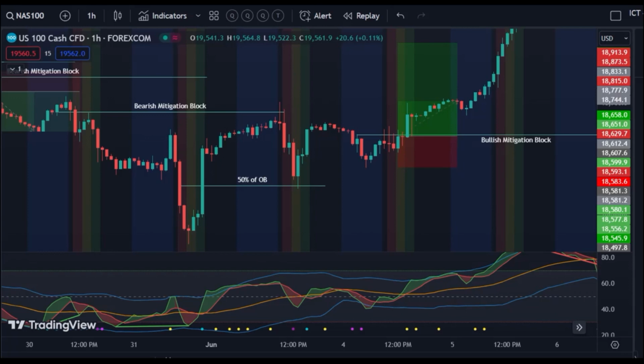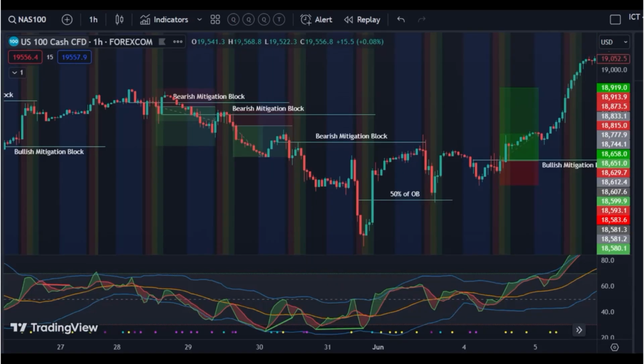Now, if you want to be strict in your rules and wait for the mitigation block to be touched, and then also the price line to cross the signal line, your entry would occur here. You have this retrace, and then price crosses the signal line again, and you still get a 2-to-1 trade.